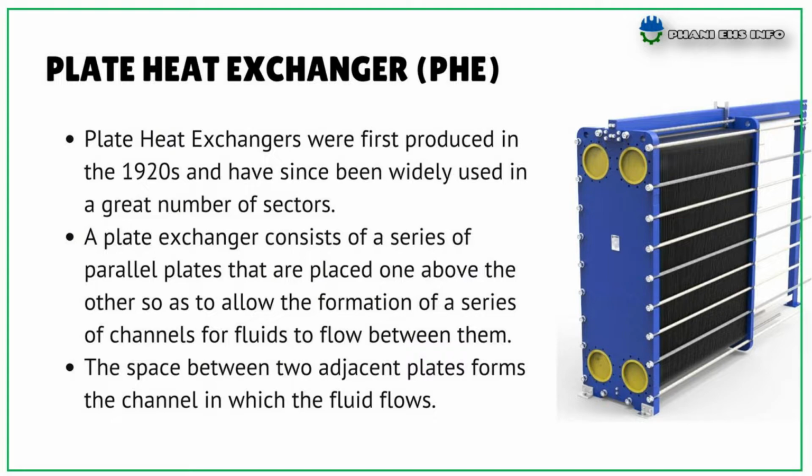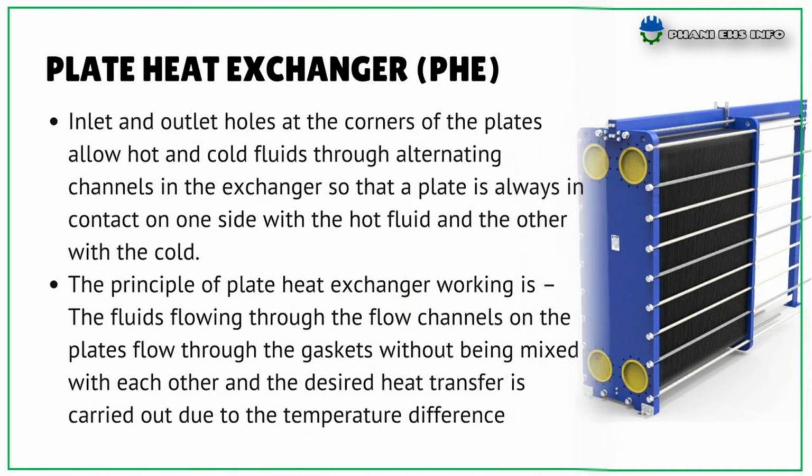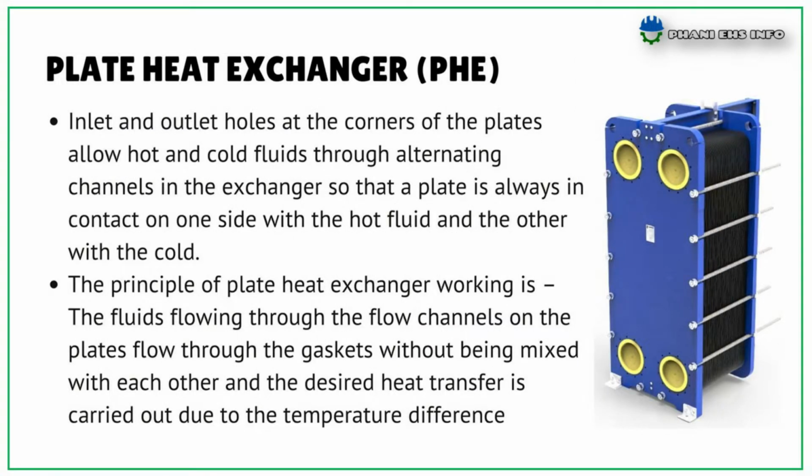The space between two adjacent plates forms the channel in which the fluid flows. Inlet and outlet holes at the corners of the plates allow hot and cold fluids through alternating channels in the exchanger so that a plate is always in contact on one side with the hot fluid and the other with the cold.